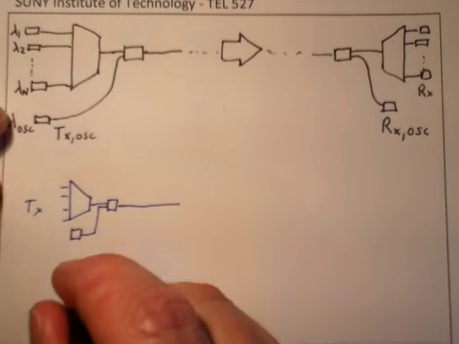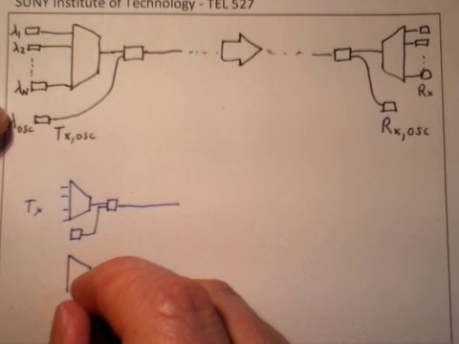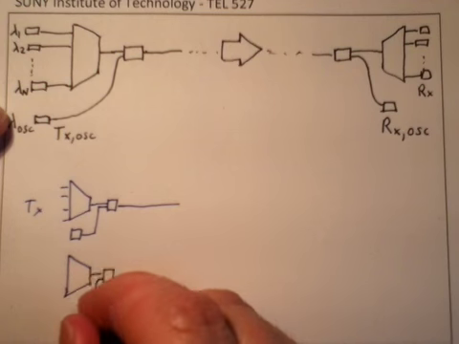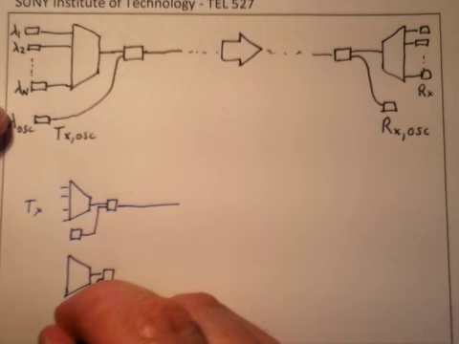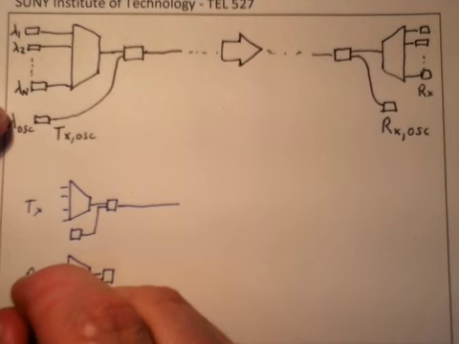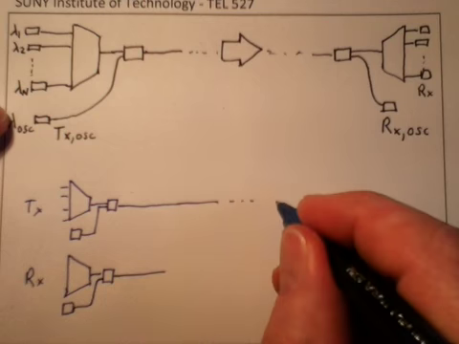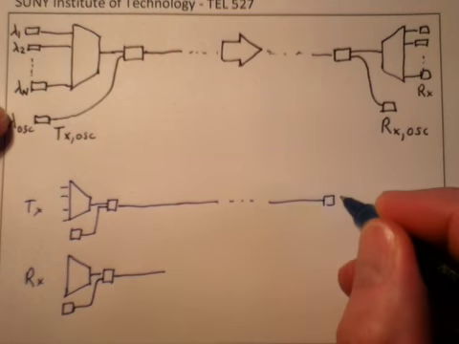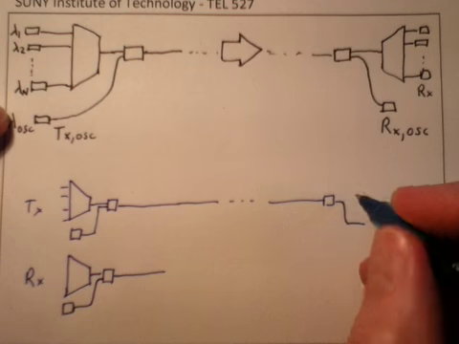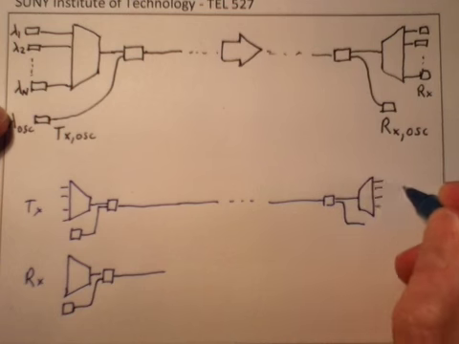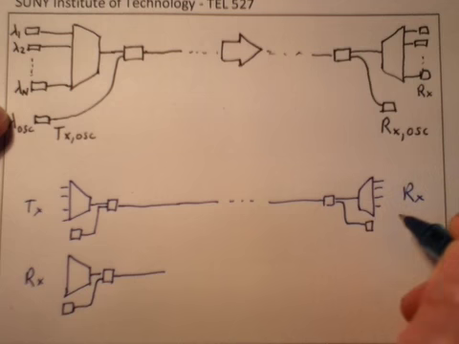Okay, and we're also going to have a receive side corresponding, where we have the optical service channel receive. Okay, and on the other side we're going to have the optical service channel brought off to be received, and an optical demultiplexer over here for the RX. Okay, dot dot dot.